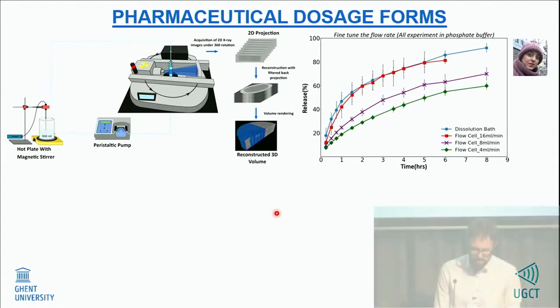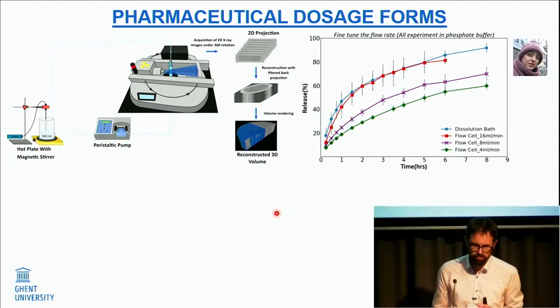One of those applications is pharmaceutical dosage forms, basically seeing how tablets dissolve when they're being ingested, and not just how they dissolve, but mostly how they give away their active ingredient.